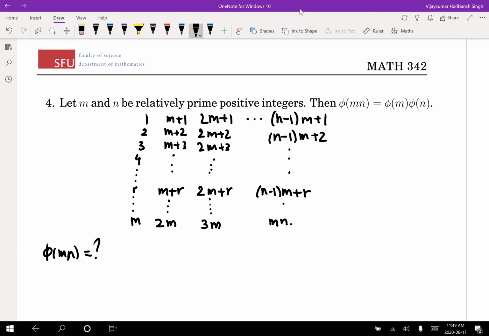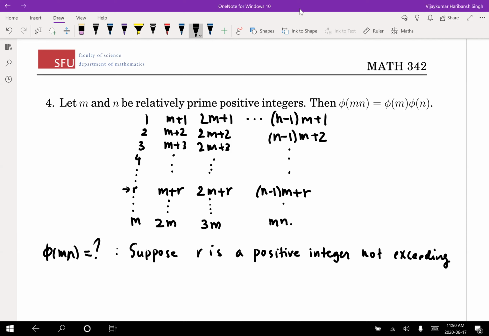Now suppose r is a positive integer not exceeding m, with gcd of m and r greater than 1. So let's say that gcd is d, which is greater than 1.